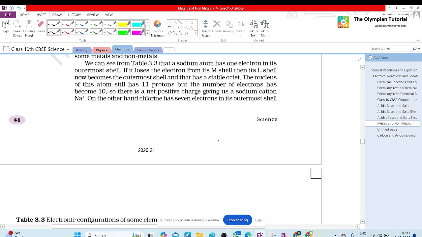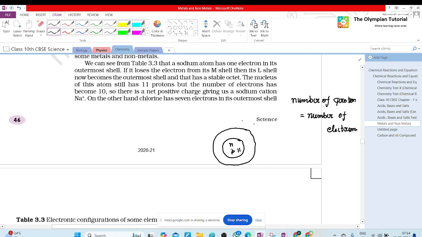In the structure of the atom, in the nucleus there are neutrons and protons, and we know the number of protons is equal to the number of electrons. Here the protons are 11, and we always take the number of electrons according to the atomic number.